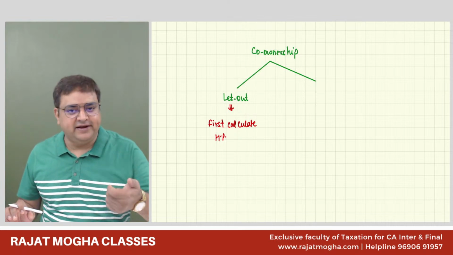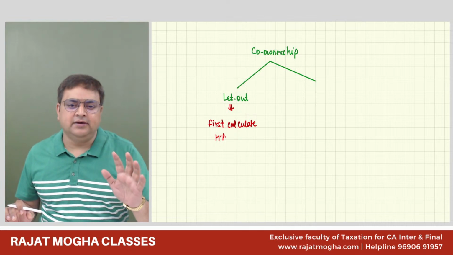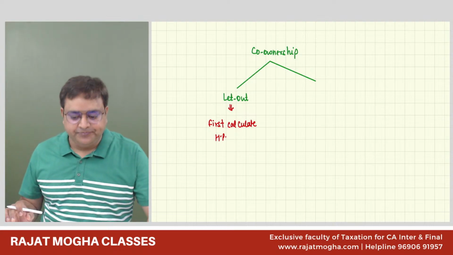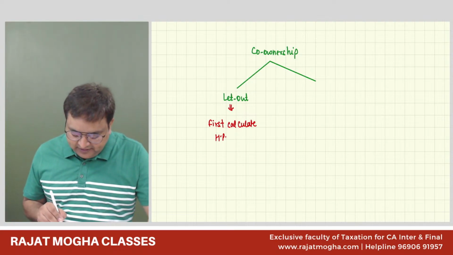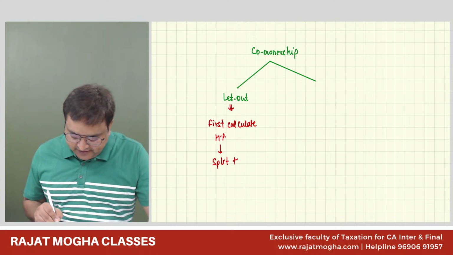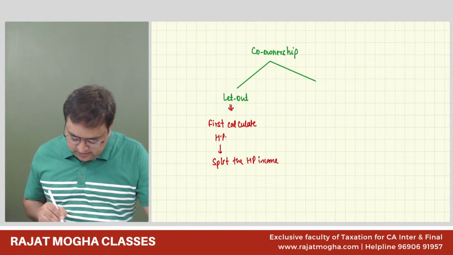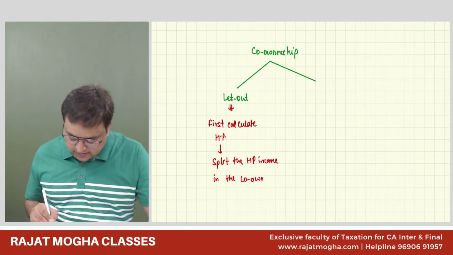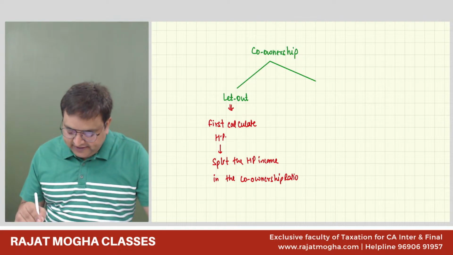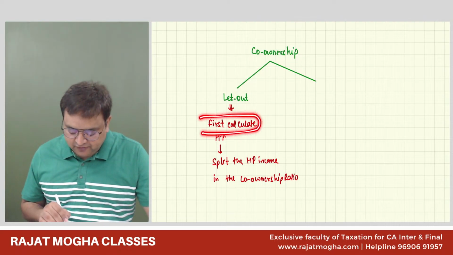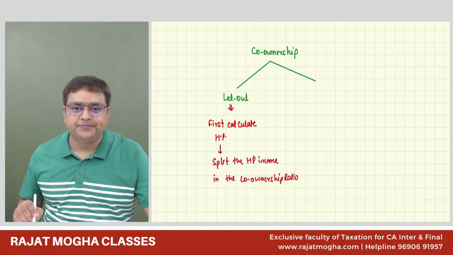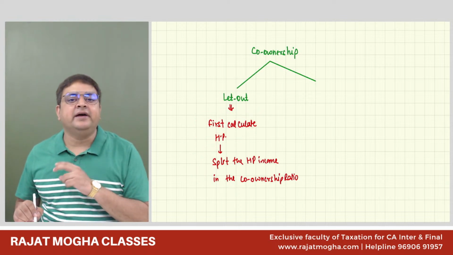And after that, once you calculate the house property income, then split the income, HP income, in the co-ownership ratio. So if the property is let out, first calculate your house property income, and then split the income. So the split will happen at the end.